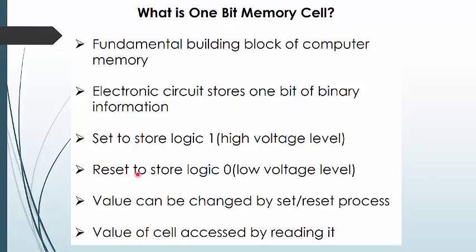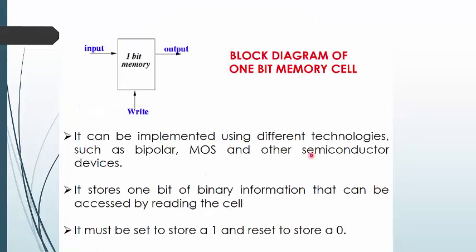That's why, in short, we say that a single bit memory cell can change to either of the two states, set or reset. And the value of the cell is accessed by reading that value.